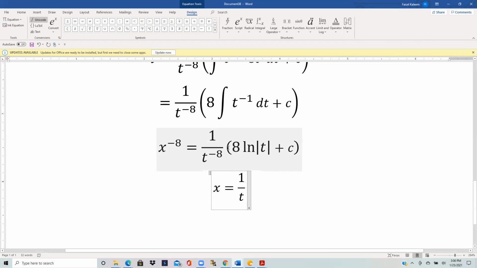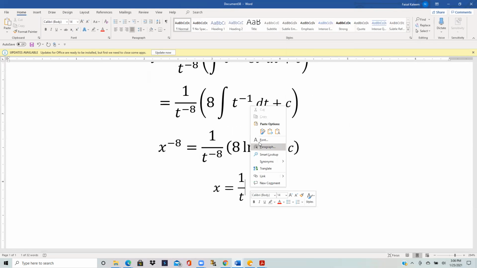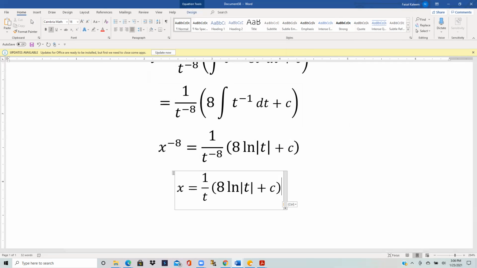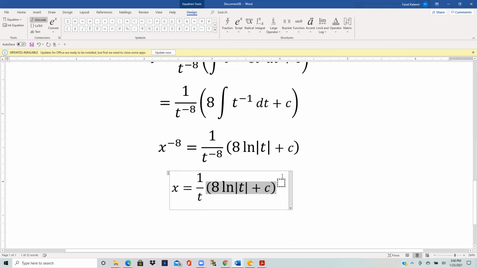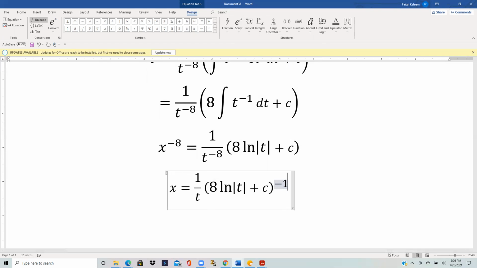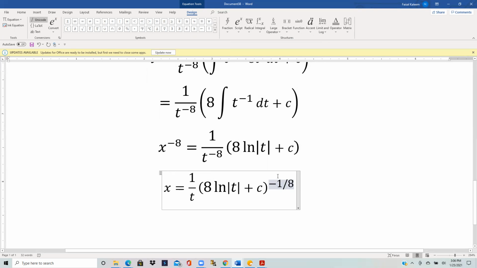And then the other part is raised to power negative 1/8. So x is equal to 1 over t, 8 ln t plus c, power negative 1/8.